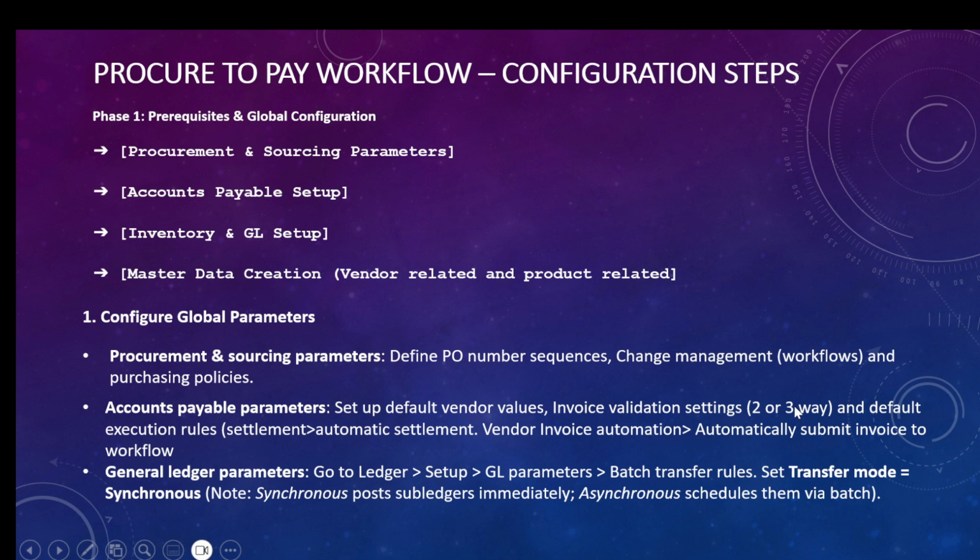So before we get to the application, I hope many of you will be aware of the invoice matching rules. We can set up a two-way matching or a three-way matching. When I say two-way matching, it just compares the PO and the invoice value. When I say three-way matching, it will compare the value and the quantity.